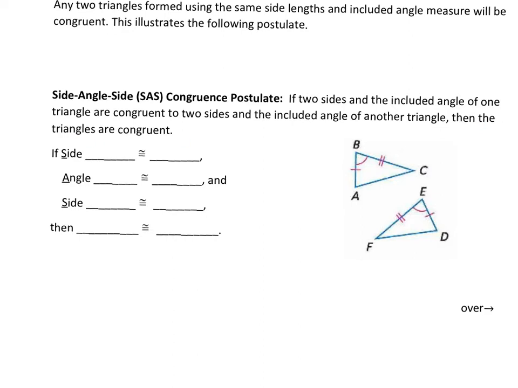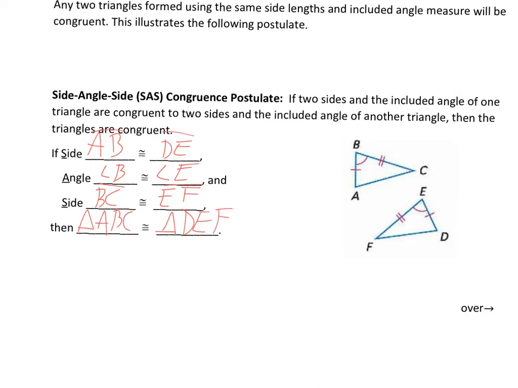That is to say that if side AB is congruent to side DE and angle B is congruent to angle E, and side BC is congruent to side EF, then triangle ABC must be congruent to triangle DEF.